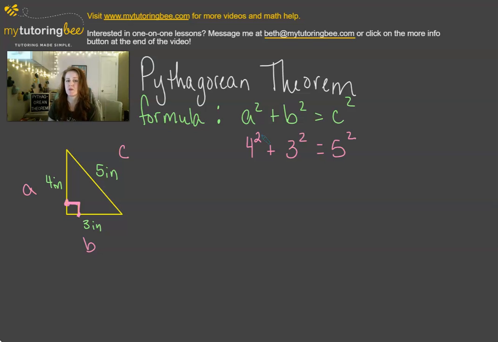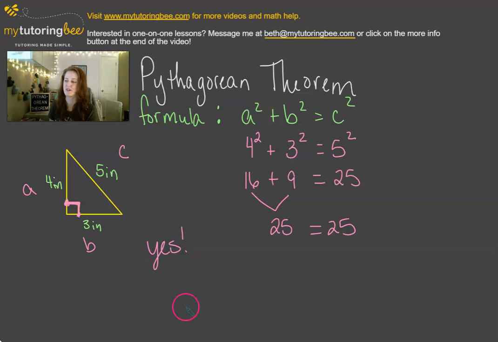But remember that 4 squared means 4 times 4. So 4 times 4 is 16, plus 3 squared is 9, and then 5 squared is 25. And then when we add 16 and 9, that does give us 25. So 25 equals 25. So this is a right triangle.